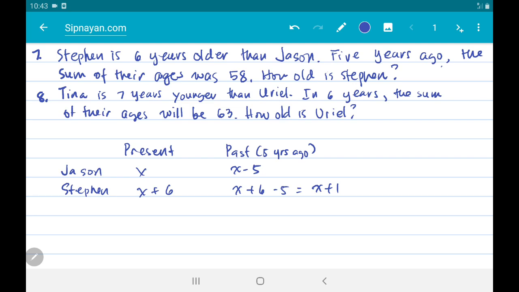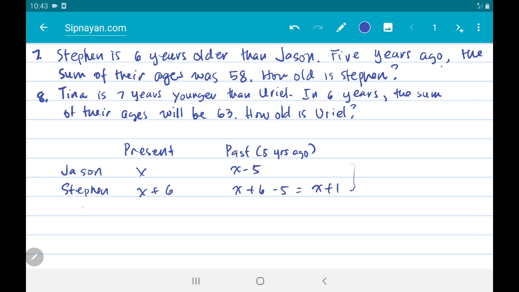So, sabi niya, 5 years ago, the sum of their ages was 58. So, ang dinidescribe dito, yung sum ng ages nila 5 years ago. Which means na ito yung i-add natin. Itong expressions na to.